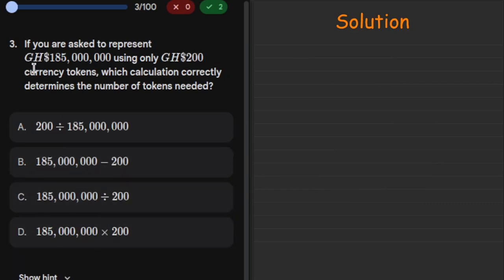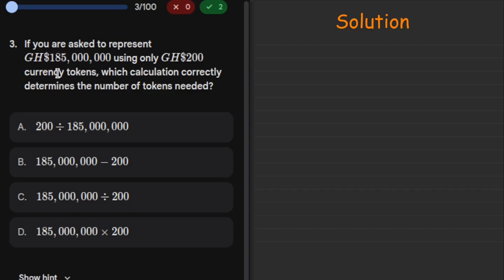Now the next one says, if you are asked to represent 185 million Ghana cedis using only 200 currency tokens, which calculation correctly determines the number of tokens needed? This is a division question. So if you want a number of 200 cedis, that gives us this particular amount of money, then we are just going to do what?